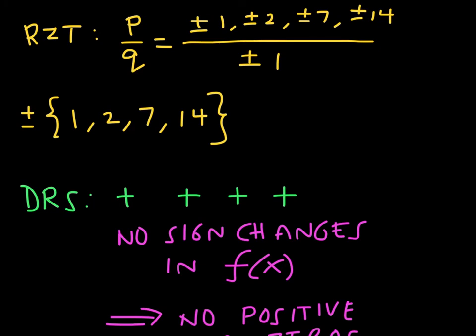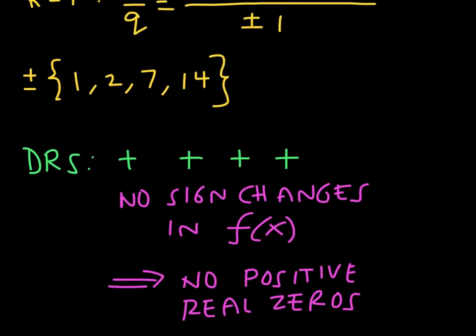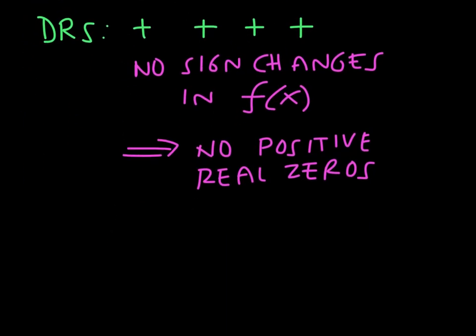So actually, if I can scroll back up here, if I know that I will not have any positive real zeros, that cuts this list in half. I can toss out all of my positive numbers. My new list will not include any positive numbers.